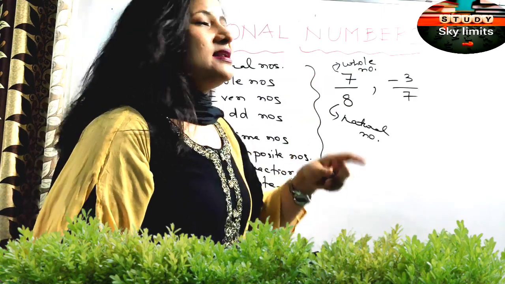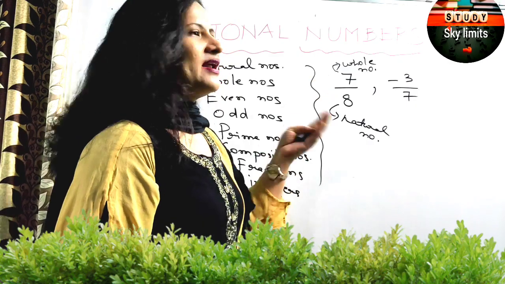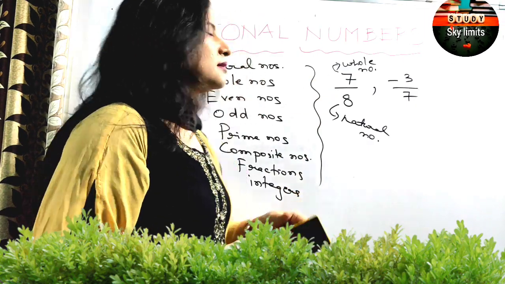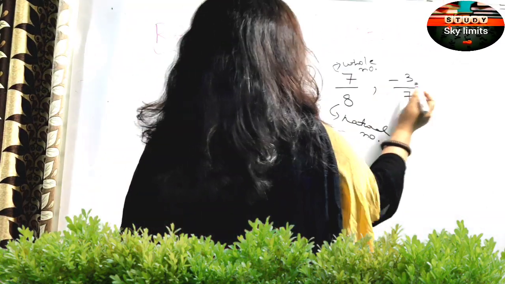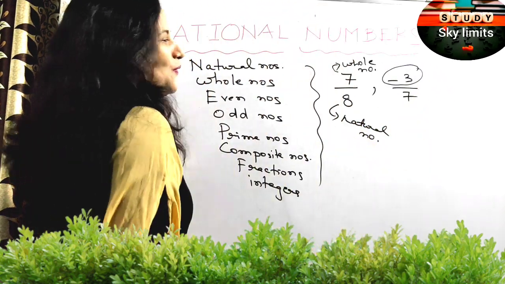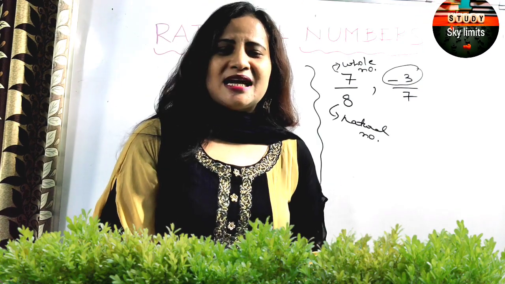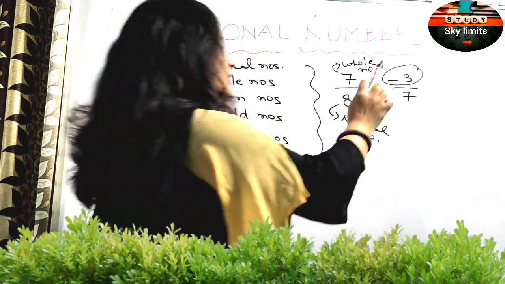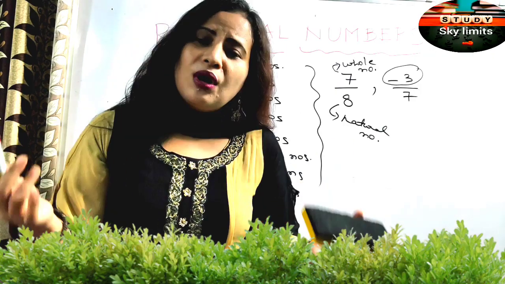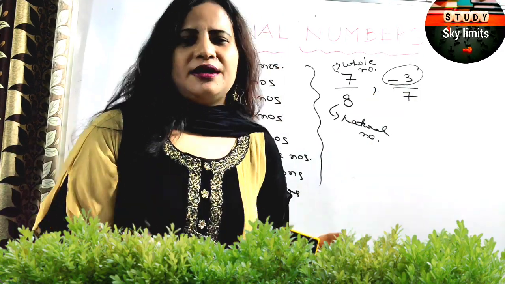And in this case, 7 is a whole number. 8 is a natural number, so obviously it is a fraction. Now let us look at this, minus 3 by 7. Is minus 3 a whole number? No, it's a negative number. It's not a whole number because whole number starts from 0. So can you call this a fraction? No, we cannot call it.